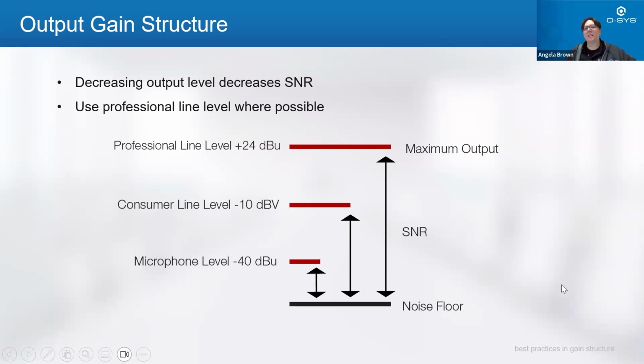Just be aware that the analog to digital conversion and the digital to analog conversion are the places where your noise floor is going to be the most important. Understand that if you have a minus 10 dB signal or a minus 40 dB signal, your noise floor doesn't change. So all of a sudden you're that much closer to your noise floor.